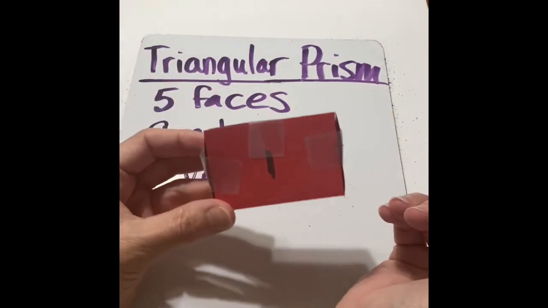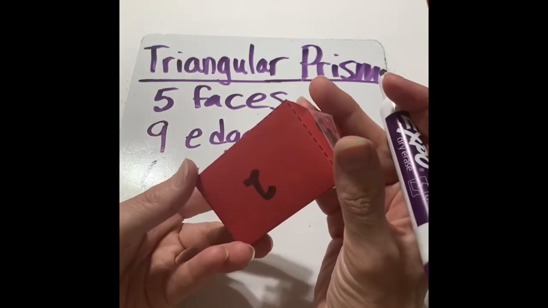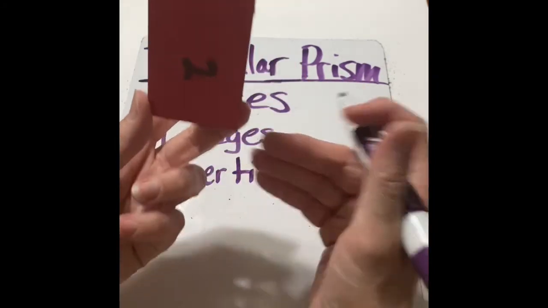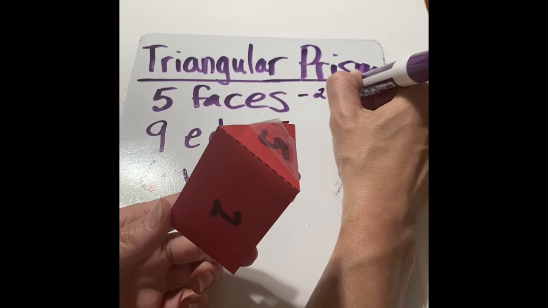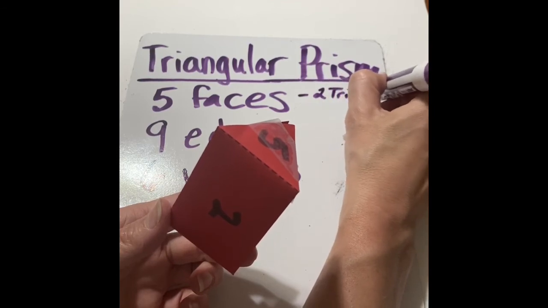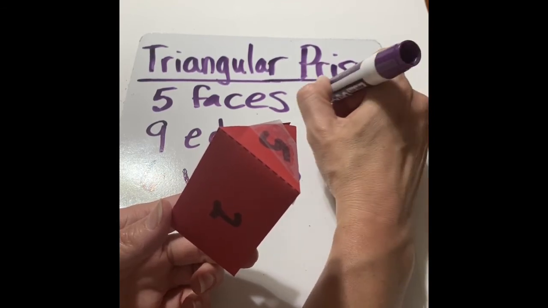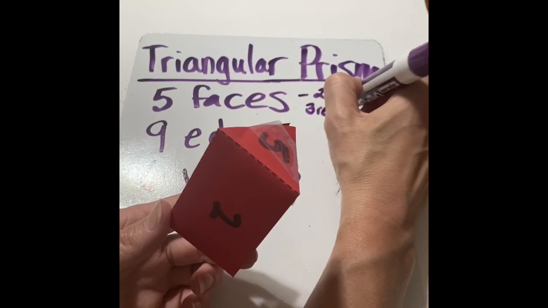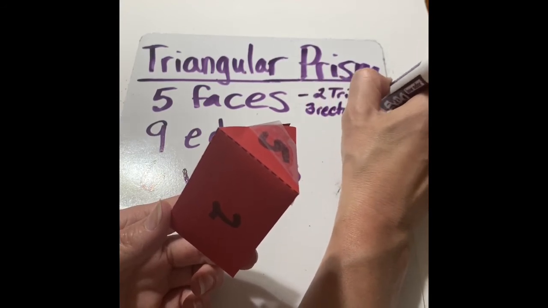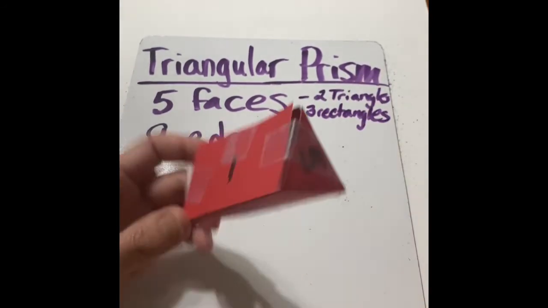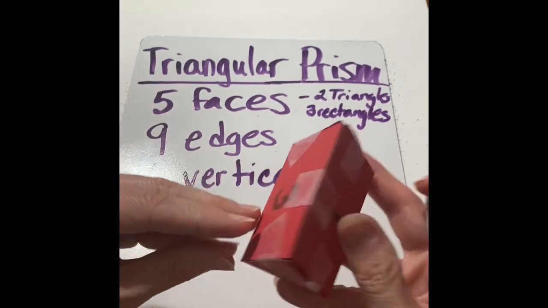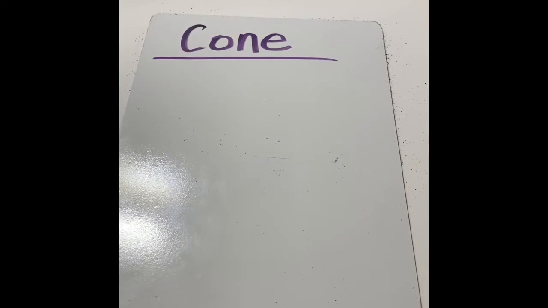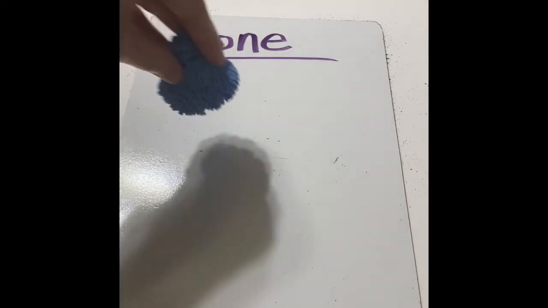In a triangular prism, 2 faces are triangles, and 3 faces are rectangles. Triangular prism.